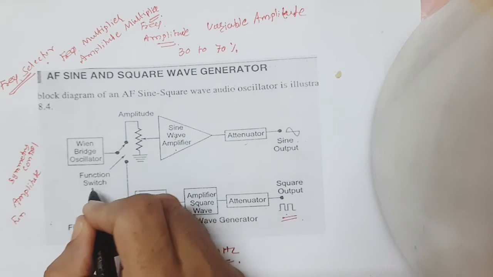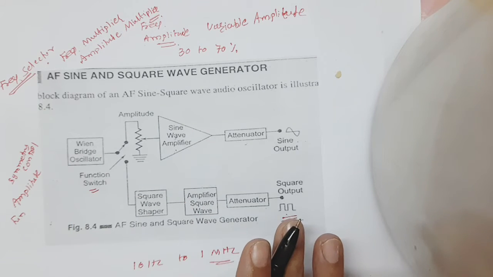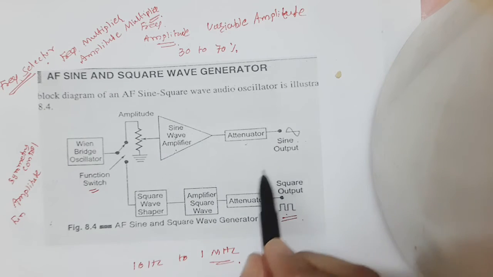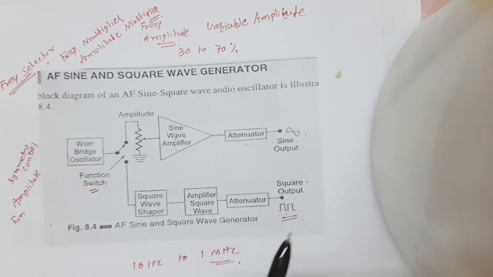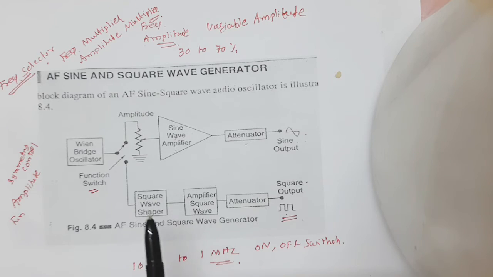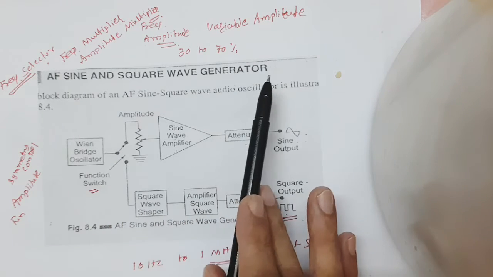Output available provides the sine wave or square wave output. This is our output switch. Sync. This terminal is used to provide synchronization of the internal signal with an external signal. And the last switch is the on-off switch, through which we can switch our AF sine and square wave generator on or off.